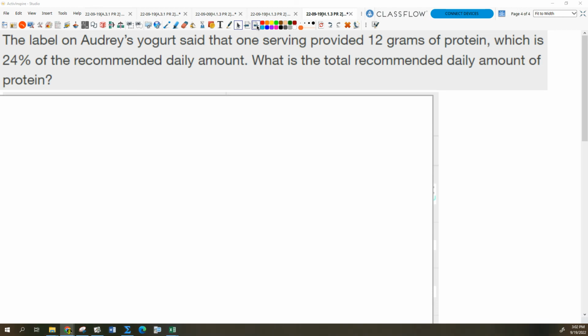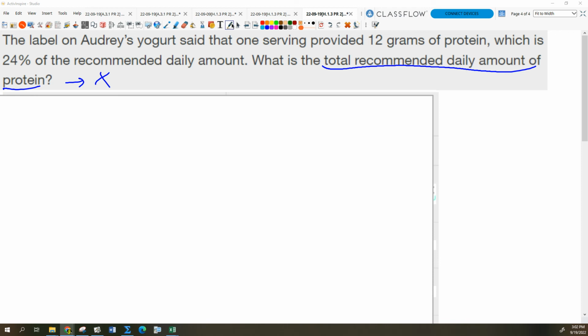So all that stuff is just x, isn't it? One serving provided 12 grams of protein, which is 24% of the recommended daily amount. How am I going to turn that into a sentence?